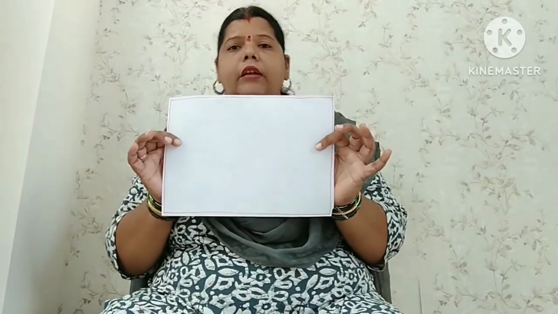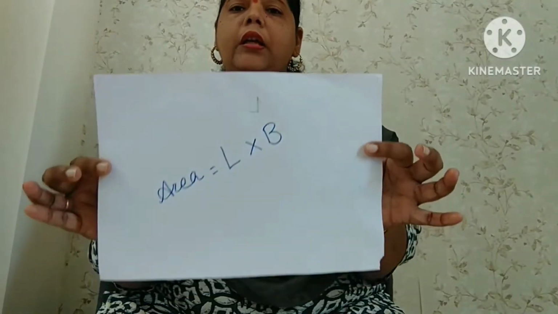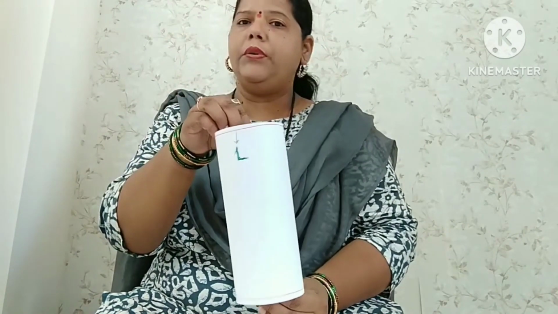Okay. So now what we know is that initially this was a rectangle. And what is the area of rectangle? The area of rectangle is length into breadth. Now when we have turned it like this, length and breadth both are there, but they have changed now.